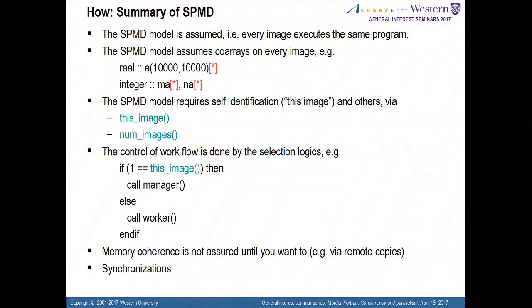A summary of the single program multiple data model. We declare coarray objects A and B, or arrays, or in the case of a single variable, we just put the square brackets after the regular variables to indicate that these objects are shared.